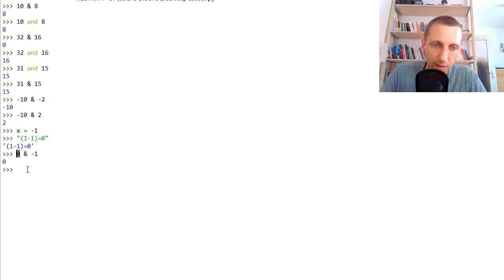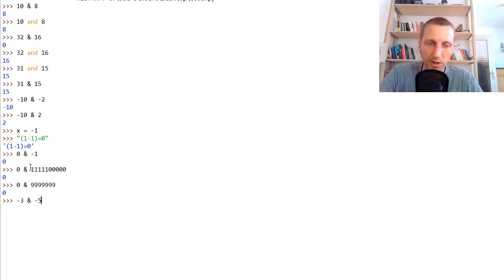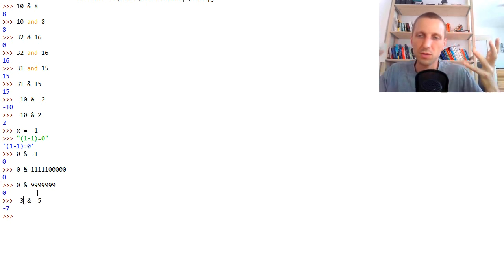So we can basically have arbitrarily large numbers here; they will always be 0, right? And we can have negative numbers on both sides, like we had the example -3 and -5, and the result was -7, and this is indeed the case. Okay, so this is what happens under the hood. It actually converts those numbers to the binary representations, and then it performs the bitwise AND operation to combine them.